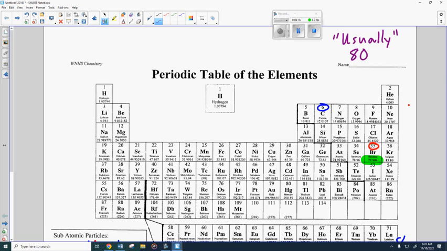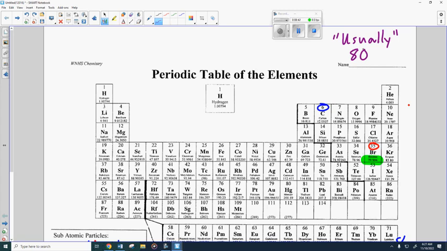Just like a lot of you in this room right now are freshmen, it's more likely than not that you are 14, since it is the first half of the school year, but some of you guys are 15. Like, I've had you raise your hands a couple of times at this point. So I could guess that bromine's mass is 80 if I don't have any other information, and that's the best number to guess. But it's often going to be a number a little bit below 80 or a little bit above 80.